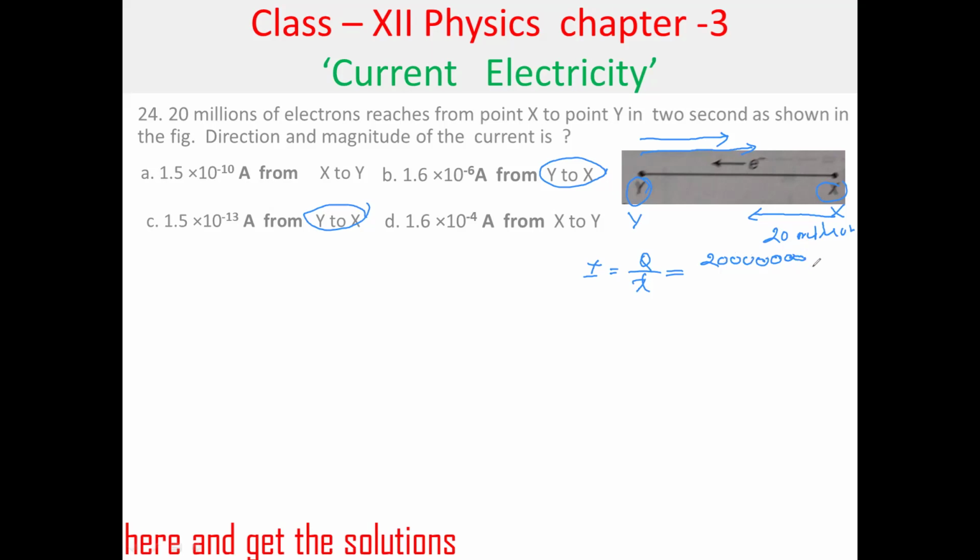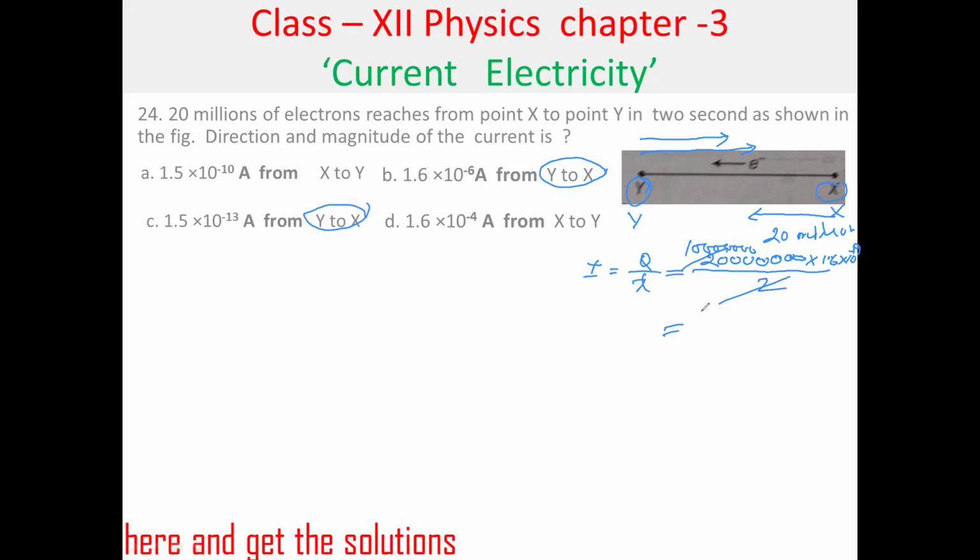Now it is 20 million times the charge of 1 electron, 1.6 into 10 to the power minus 19, divided by time. Time is 2 seconds.